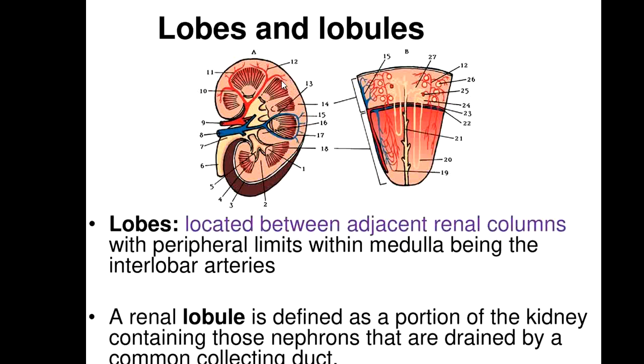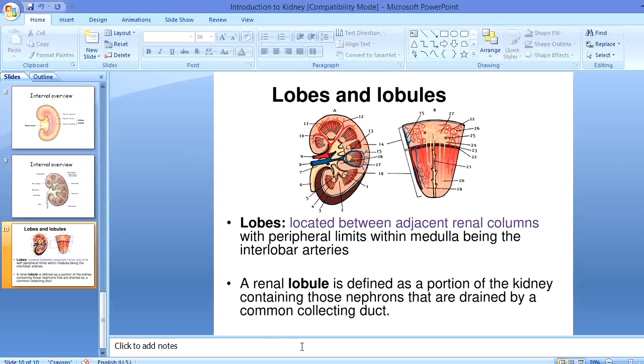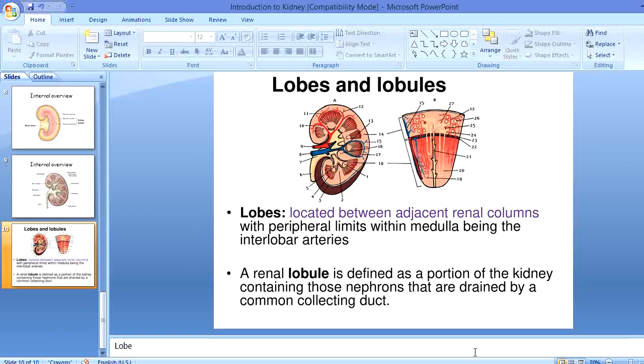One lobe represents the area inside the kidney which comprises one renal pyramid, a small portion of renal cortex, and a small portion of renal column. The renal column is also part of the renal cortex. This is called the renal lobe, not a simple lobe.